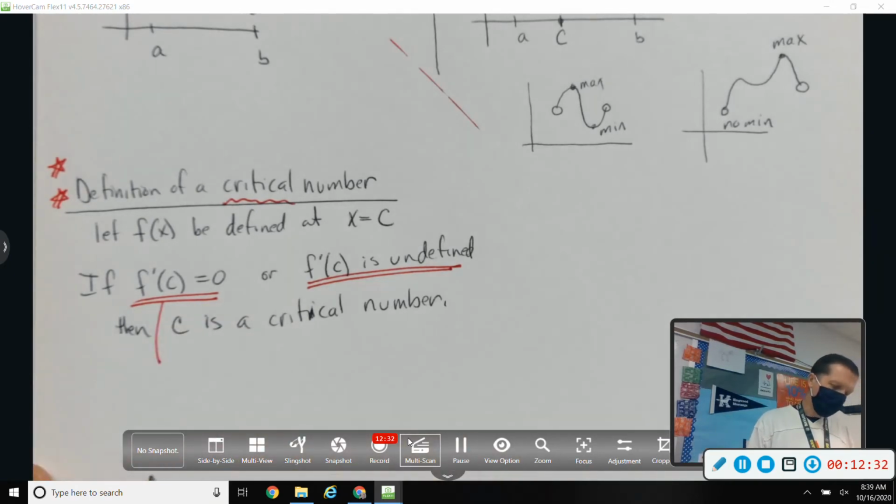Here's a little bit of why. If f prime is 0, then you've got a horizontal tangent line.